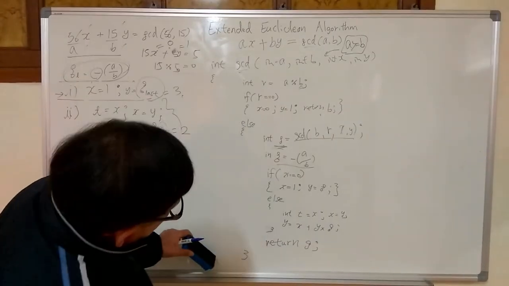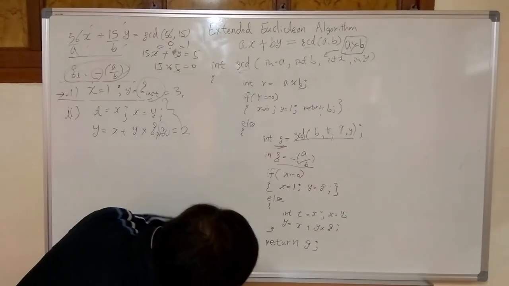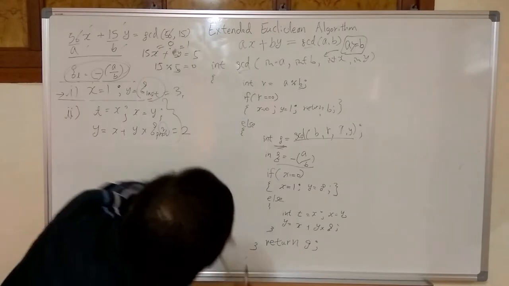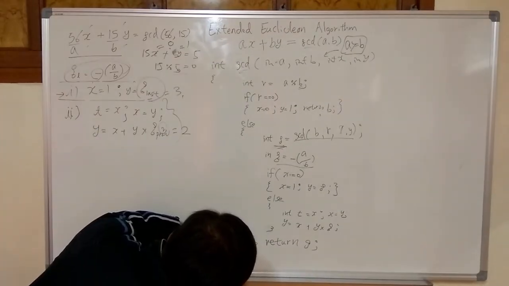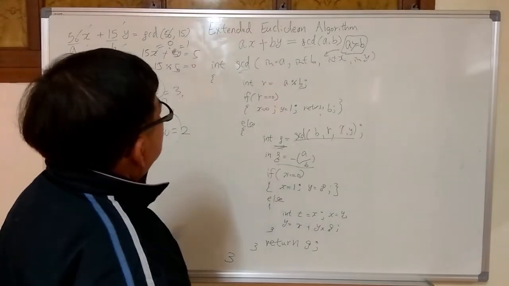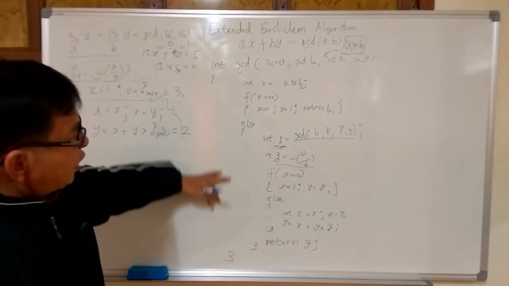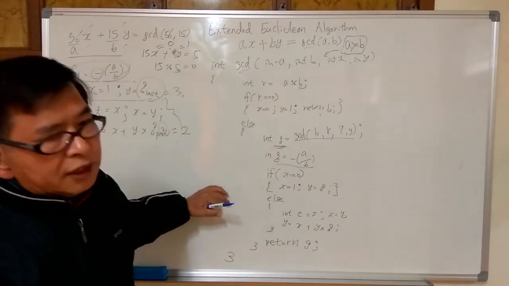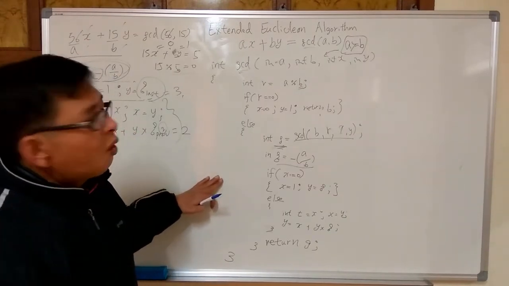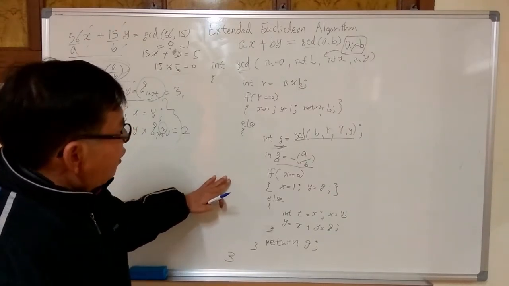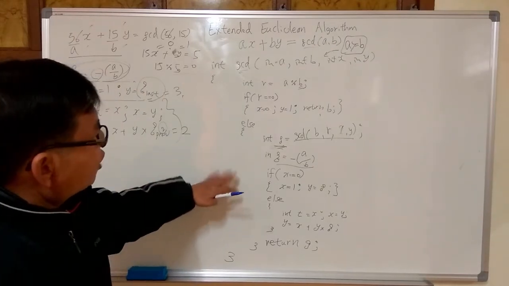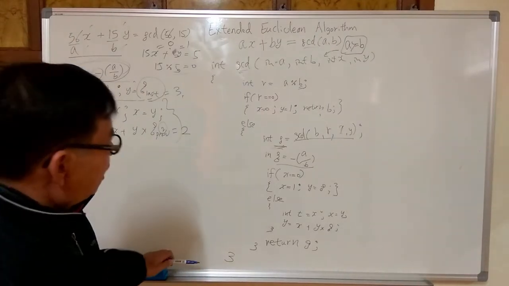Now we close once again here, and now we close the function. This is the Euclidean algorithm using a recursive function call. If you are not accustomed to recursive function calls, it might be a bit challenging, but I hope you understand. Try it several times, then you can understand what it means.